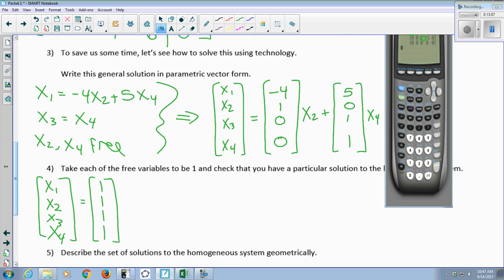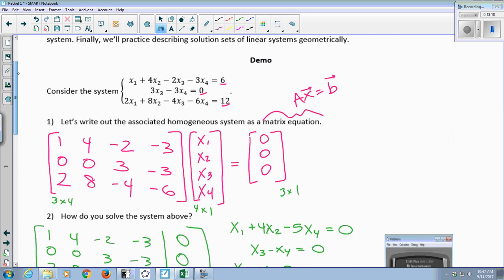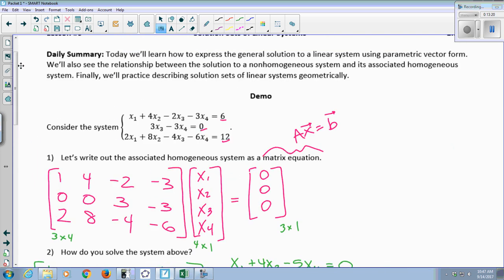Okay. So x1, x2, x3, x4, all 1, should be a solution to the original system of equations that I had as my problem, right? So if I come up here and put in 1s for all my variables, all 3 of these equations should be true, except they should all be 0s, right? Because I solved the homogeneous system. So if I put in 1s here, I would have 1 plus 4 minus 2 minus 3.